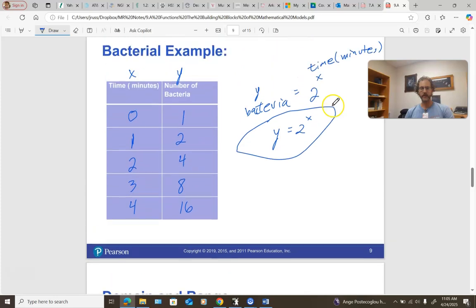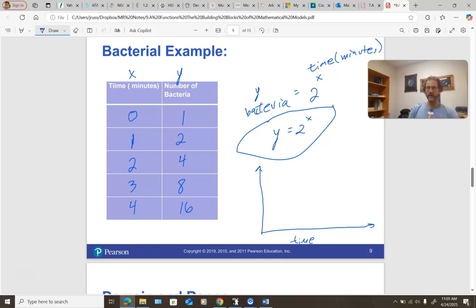And let's do a little graph. Okay? And so what we would have on the horizontal axis would be time. Okay? Our independent variable is always on the horizontal axis, and this is time in minutes. Okay, so I could calibrate this. Start here at 0, then 1, then 2, 3, 4.